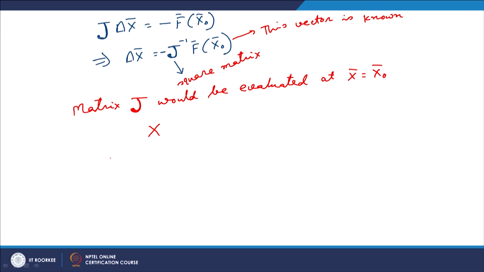Once we find this numerical matrix J, we can simply perform this numerical calculation, and from here we find delta x. Once we find delta x, we update our solution x1 as x naught plus delta x.